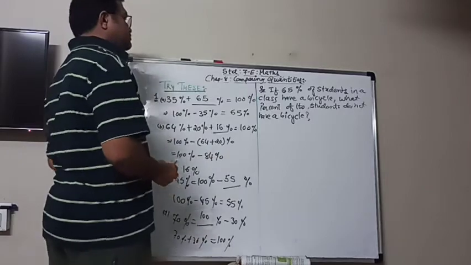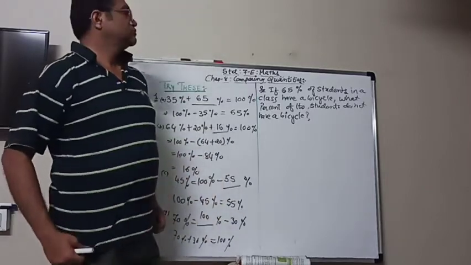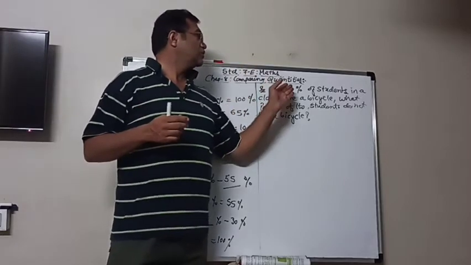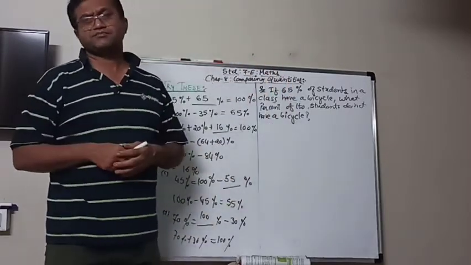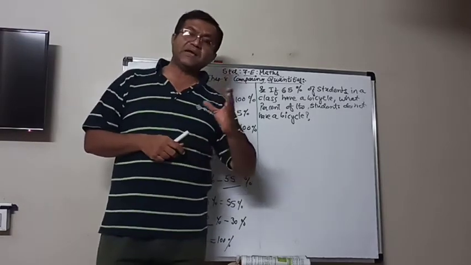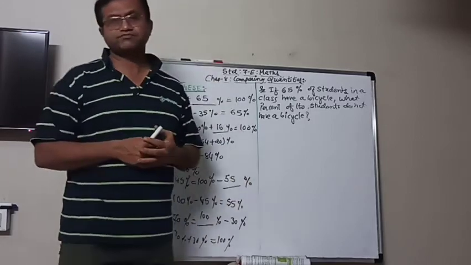So here, as we discussed earlier, there are students in a class, and of them 65% have a bicycle.